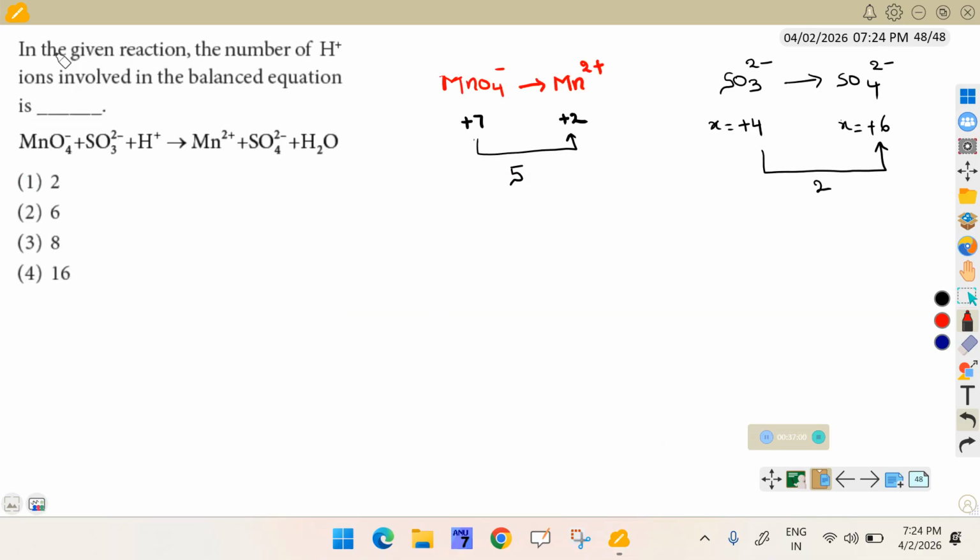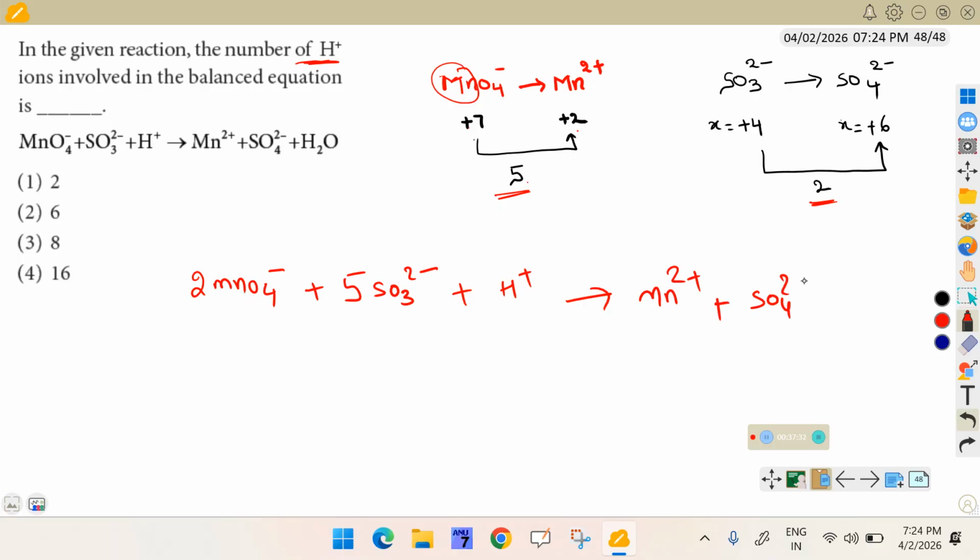In the given reaction, find the number of H+ ions. First of all, calculate the n-factor value. Oxidation number difference is 5. On the left side 1 manganese is there, multiplied by 1. N-factor value is 5. Here the other n-factor value is 2. Exchange the coefficients. Then 2 MnO4- plus 5 SO3 2-. Remaining atoms you can balance by trial and error method.